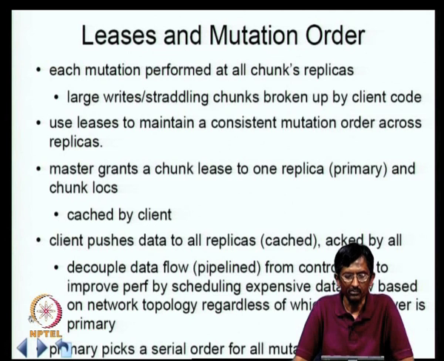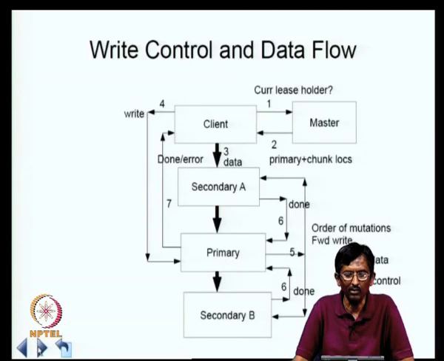Again, we looked at the write control and the data flow. What we mentioned was that, to exploit the bandwidth in the system, as soon as the client figures out where the primary and the chunk locations are, it can start pushing the data immediately.